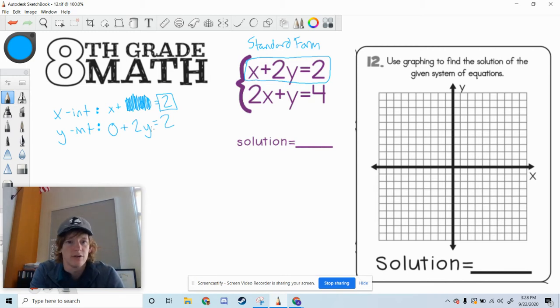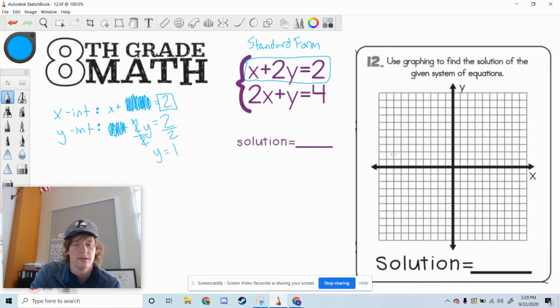And then we only have one step. 2 times what equals 2? Because this 0 doesn't even need to exist, right? Well, I know 2 times 1 is 2. But in order to solve this, I could divide by 2, because this was multiplication, and I get y equals 1. So my y-intercept is at 1.